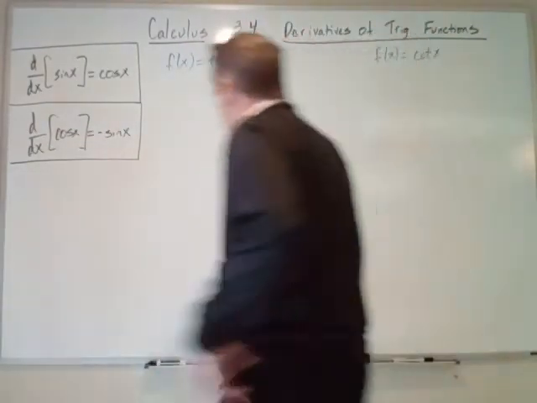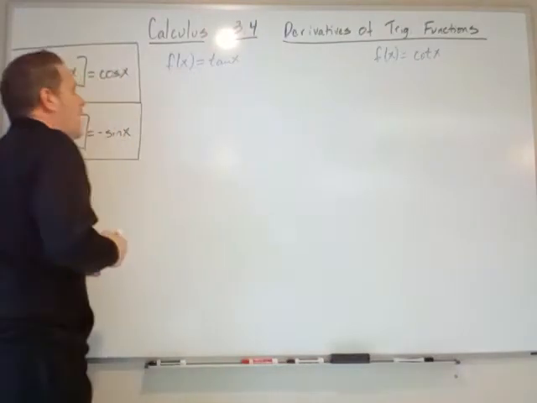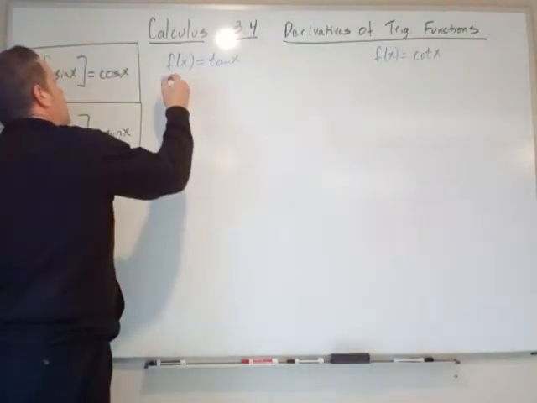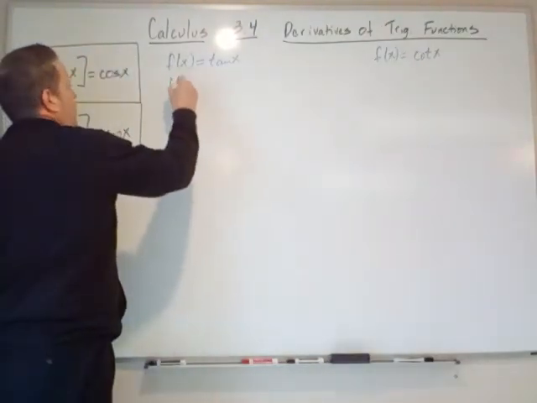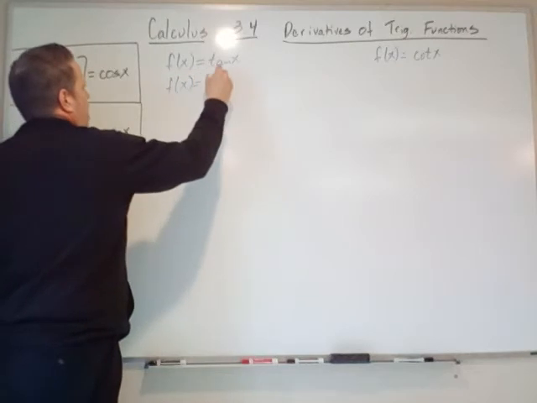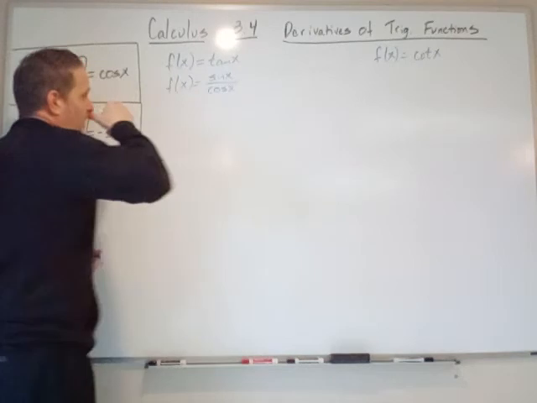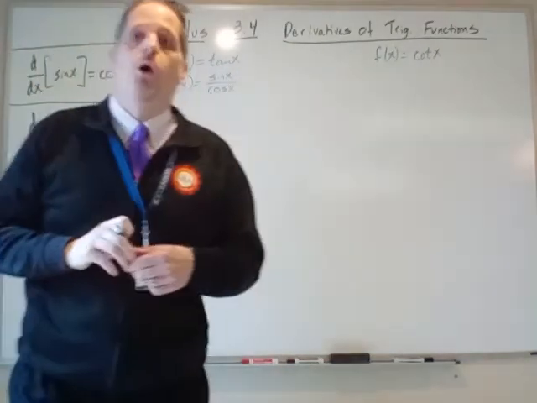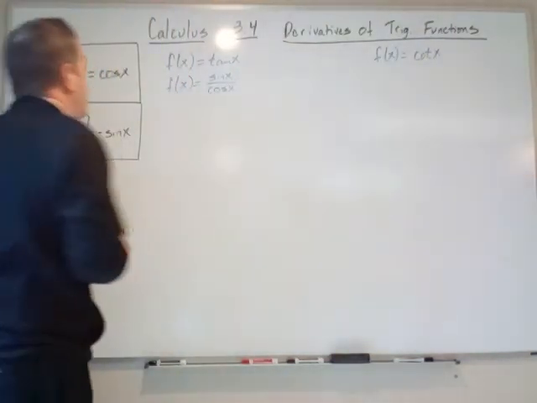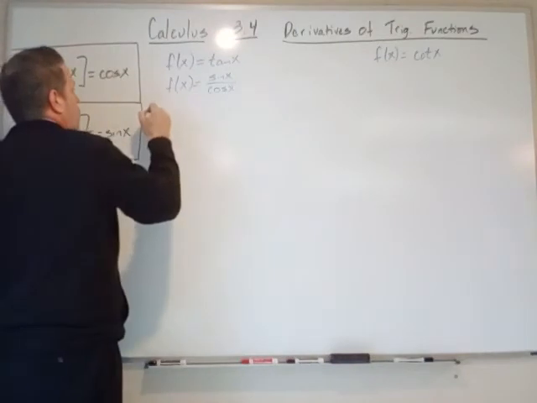Okay, so tangent. The tangent of x itself is a quotient function because it is made up of sine of x over cosine of x. Okay, let's take the derivative using the quotient rule.